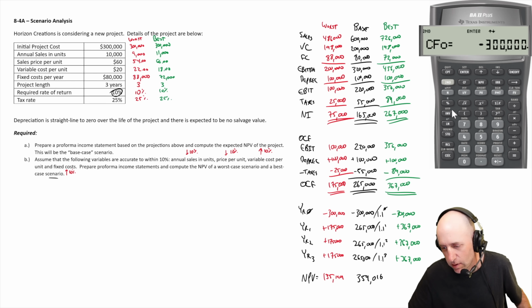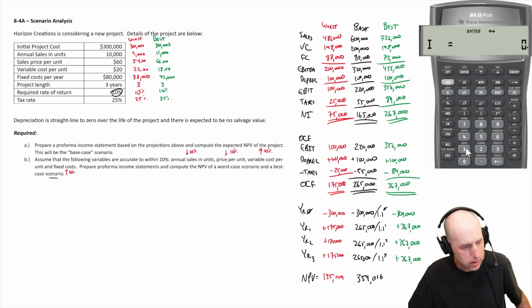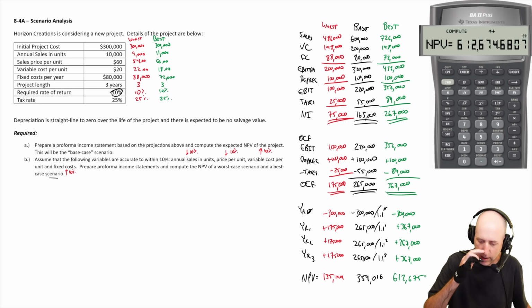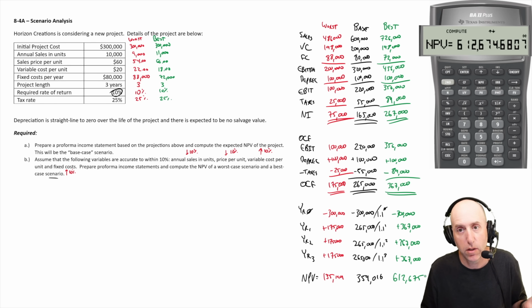So cash flow, second function clear, 300,000 negative, enter, down arrow. 367 positive, enter, down arrow, and there's going to be 3 of those, enter. And now we go NPV. So the required rate of return is 10, down arrow, and I compute NPV. I get 612,675, and this seems like a no-brainer project.